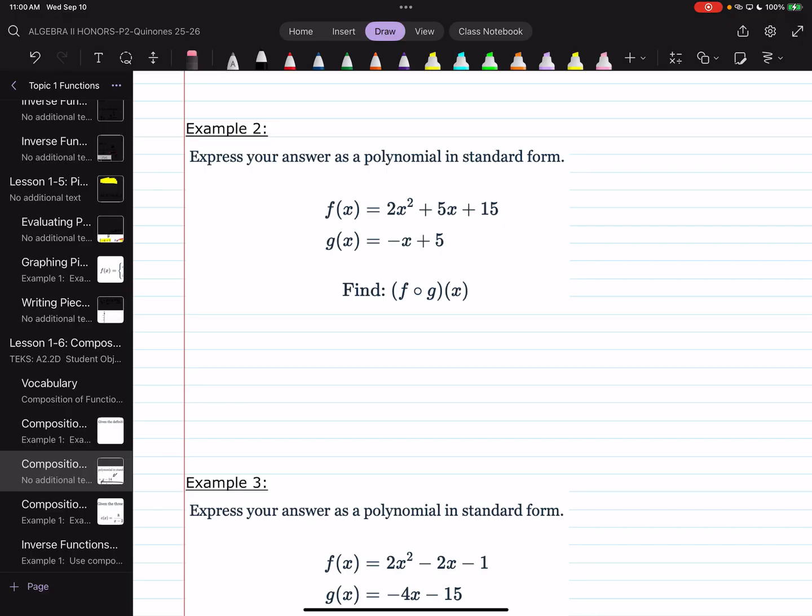So, go. Do all the work, trust me. Do all the work for it. You'll find it.